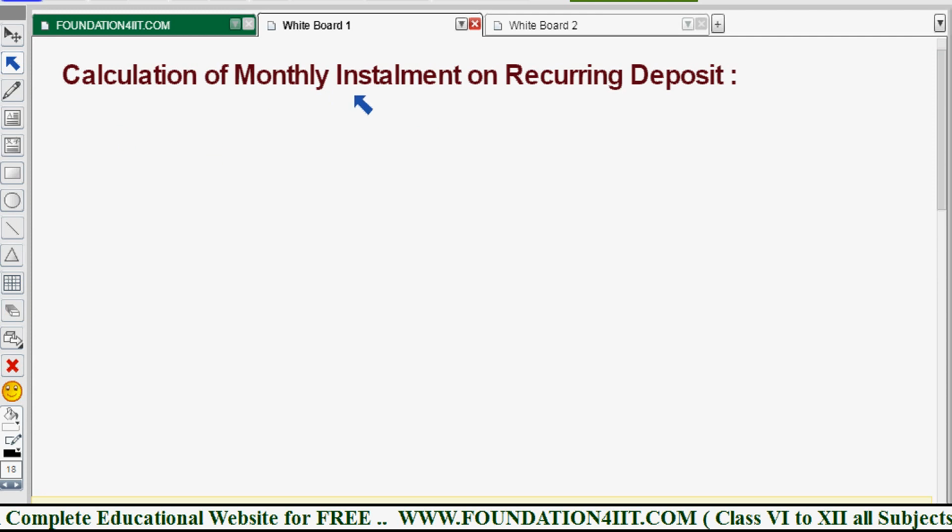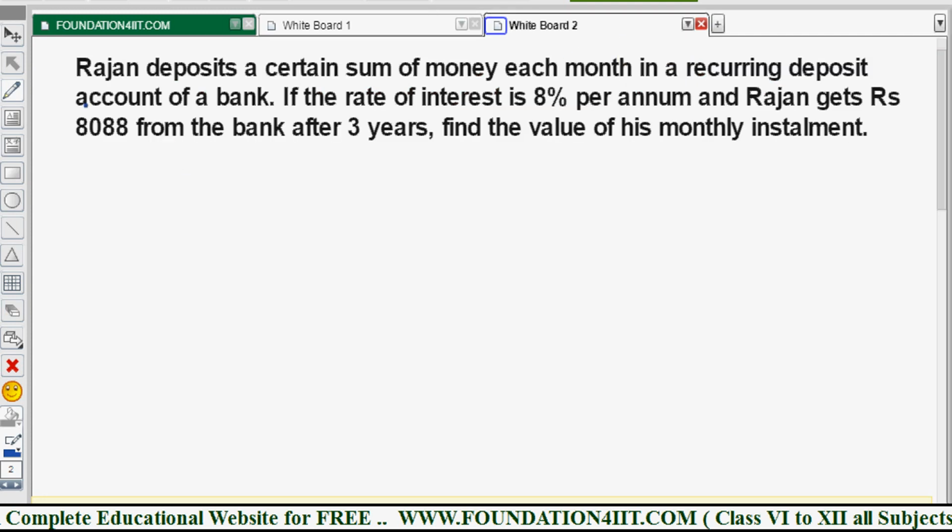Generally they'll give in the question the number of months, the n value, the rate of interest, and the total value, which is the maturity value, the total amount received. Given these three values, let's see one question to get an idea about how to find the monthly installment.